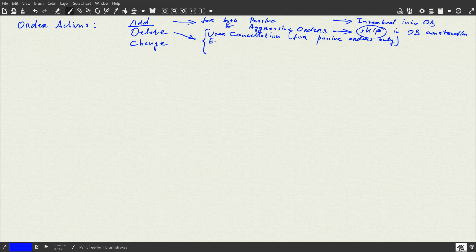The order book is cleared, an end of day system action. Is it possible in any other system action for whatever reason? Theoretically, it is possible, but very, very unlikely.